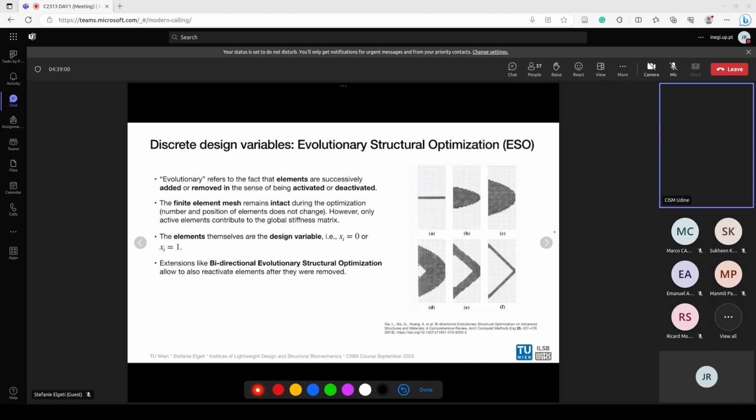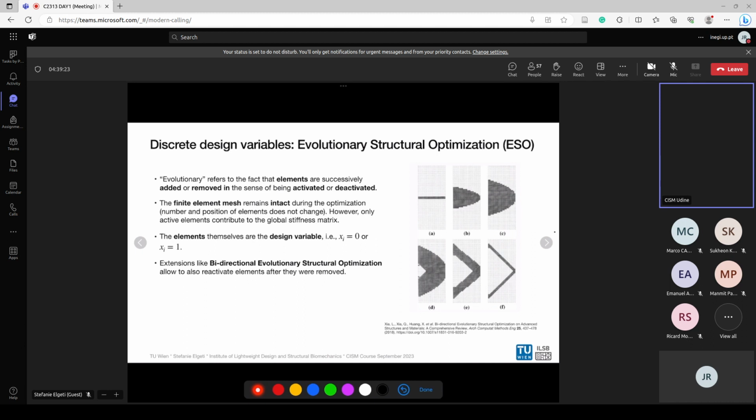The finite element mesh remains intact during the optimization, meaning the number and positions of elements do not change. However, only the active elements will contribute to the global stiffness matrix. So here the elements themselves are the design variables. So our xi's are either 0 or 1, and there's nothing in between.